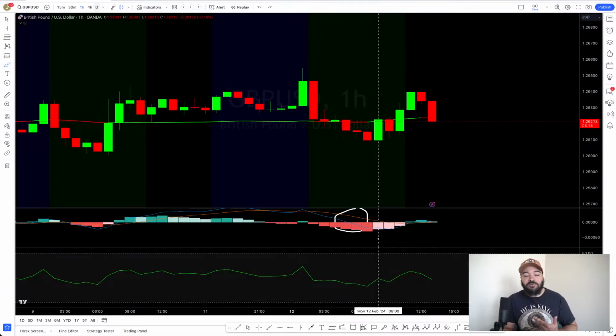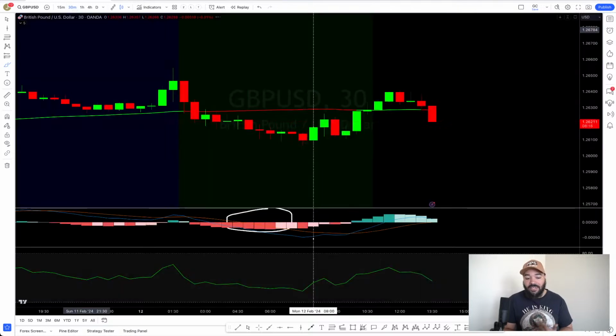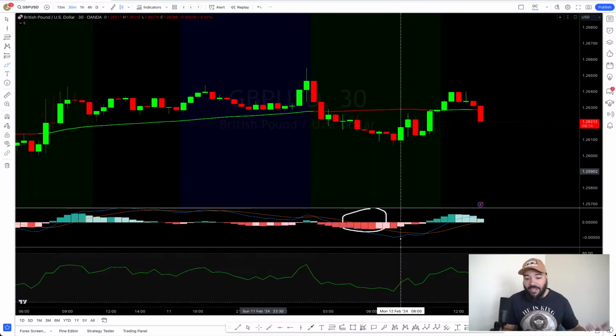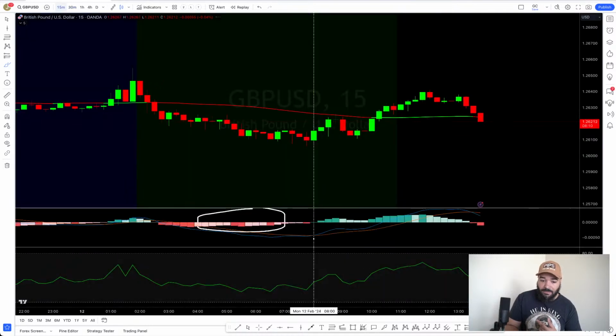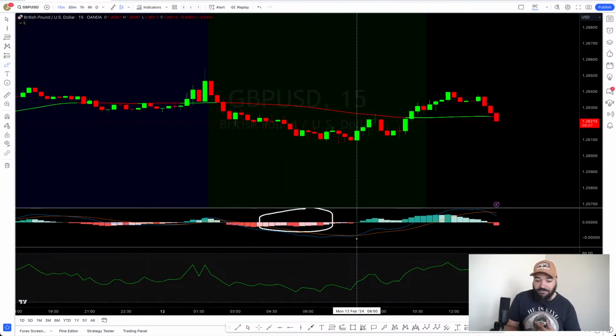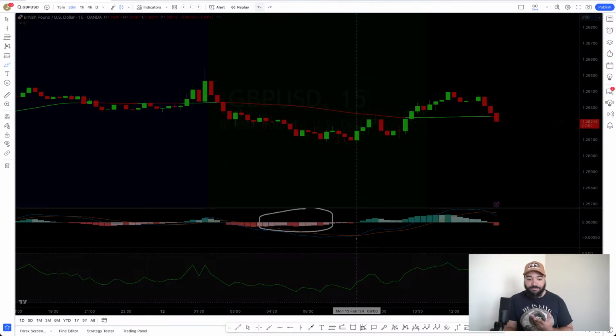Once we see that, you start working your way down the time frames, waiting for a retest. And you see how I had it circled? That's breaking through the histogram on the hour chart back there. And you got your retest here. That's how that works out.